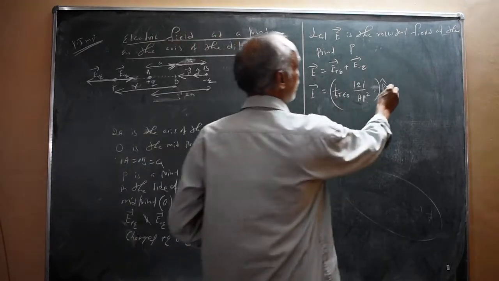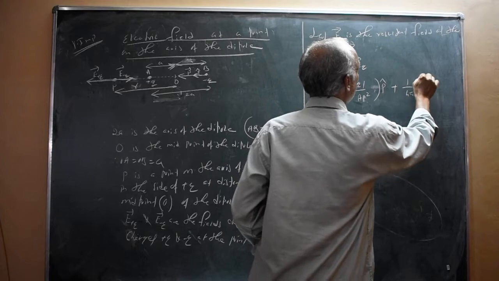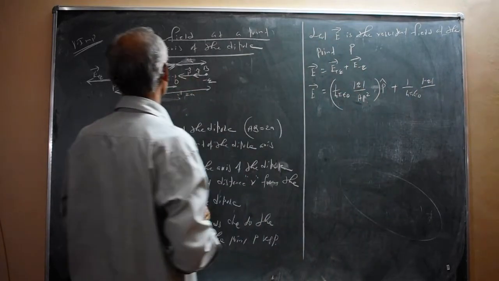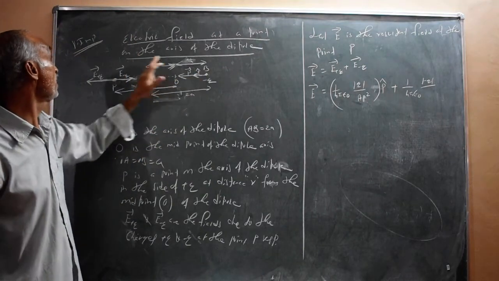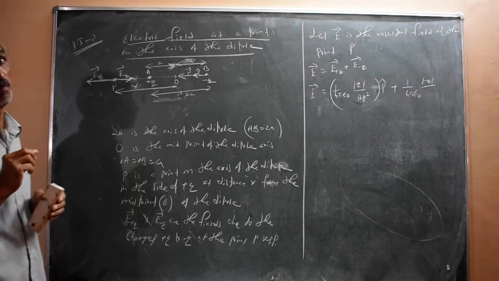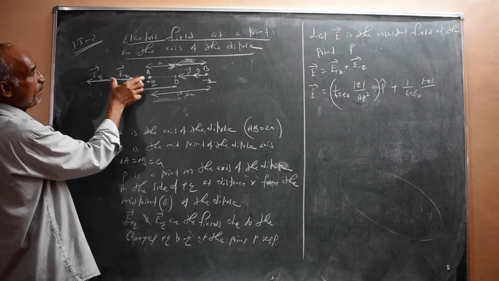Plus E bar minus Q is 1 upon 4 pi epsilon, modulus of minus Q divided by, what is the distance then? It is BP square, the distance between the charge minus Q and the point P. The distance between the charge A and the point P is AP square.